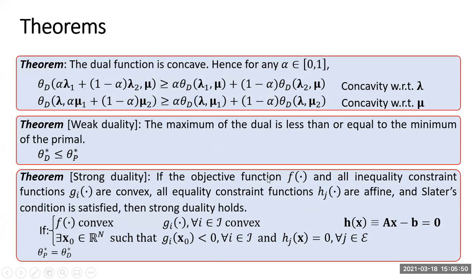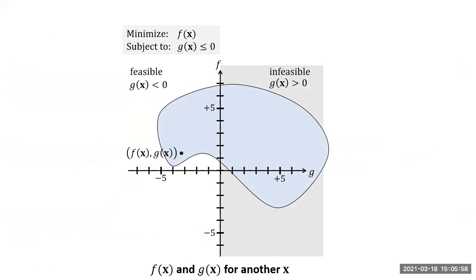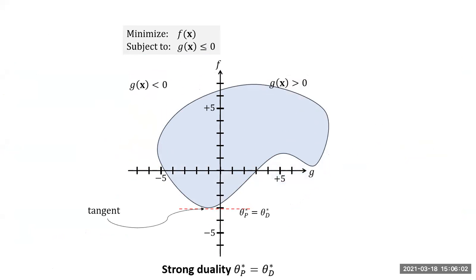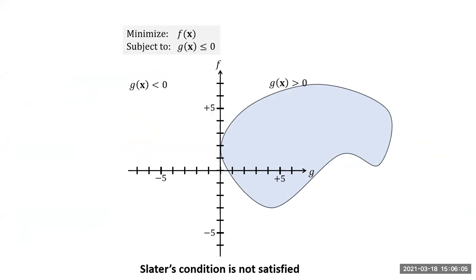So the inequality constraint is strictly satisfied. There must be at least one point that strictly satisfies the inequality constraint. But in this case, there is no such point which strictly satisfies the inequality constraint. It doesn't cross over to this side.